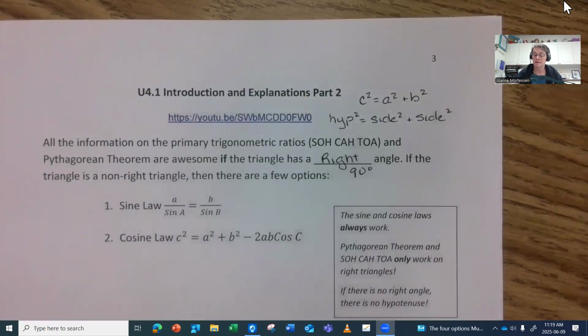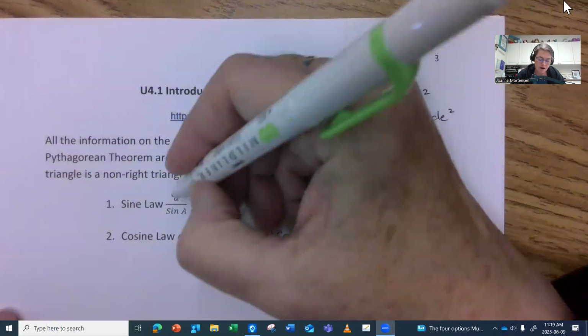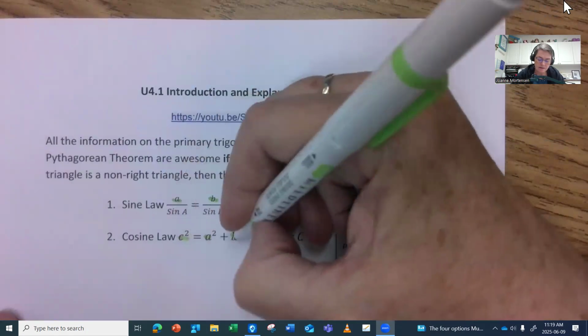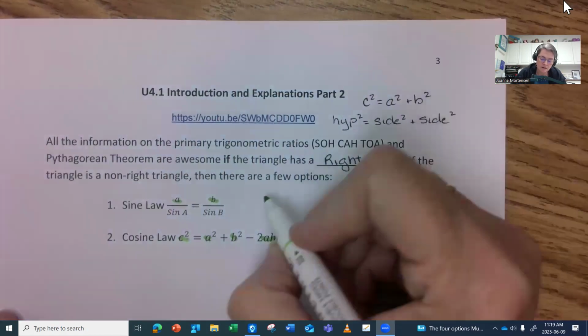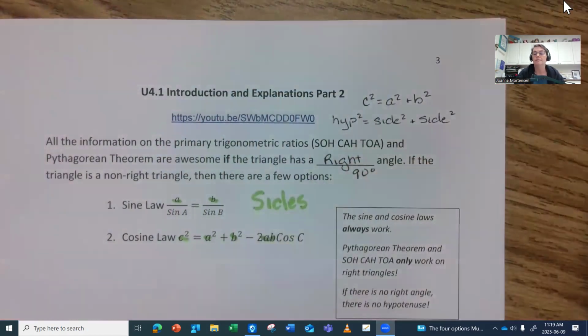Just as a reminder, I think we talked about this in grade 10. All of these lowercase letters, that one, that one, that one, and that, those are all the sides of a triangle. So it'd be centimeters, meters, inches, feet, miles.